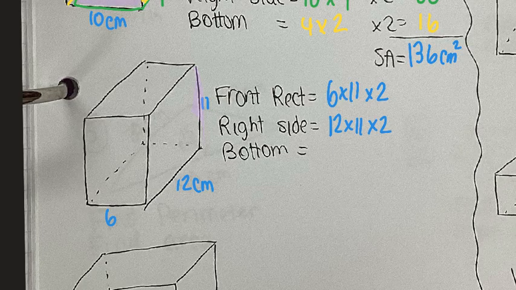The bottom is this rectangle here. The length and width of that rectangle is 6 and 12, but there's a top that matches it, so we're going to double it. Pause the video, get all of your answers, add them all up, and let's see if we match.